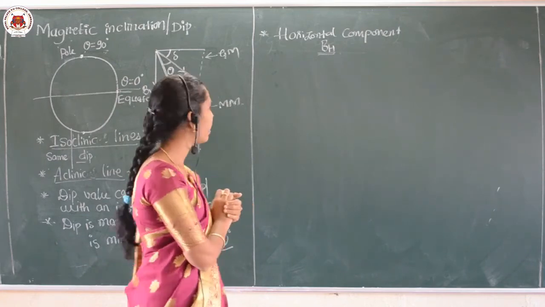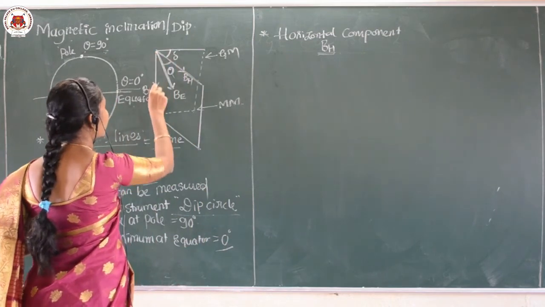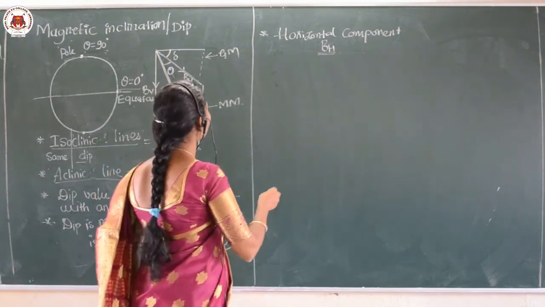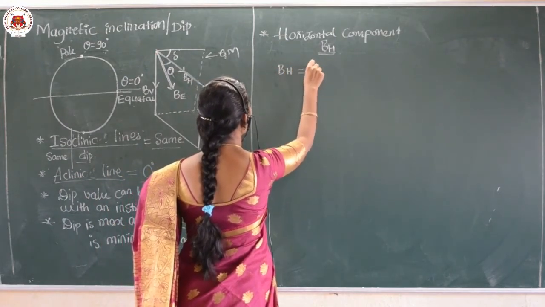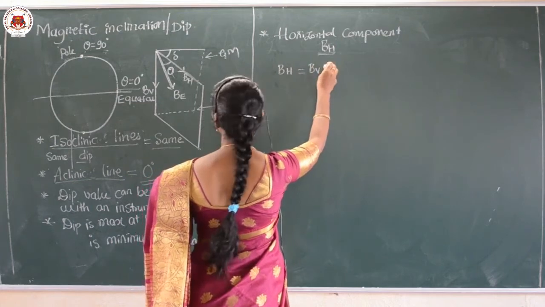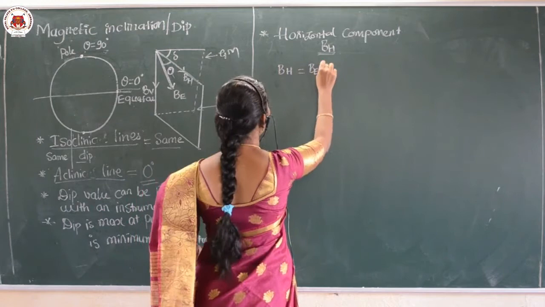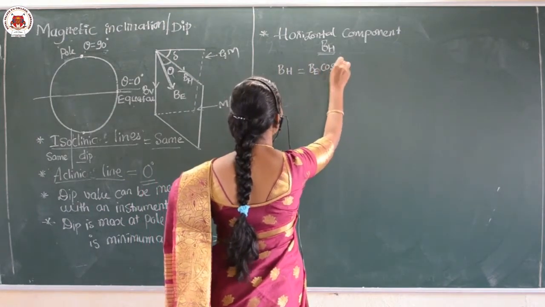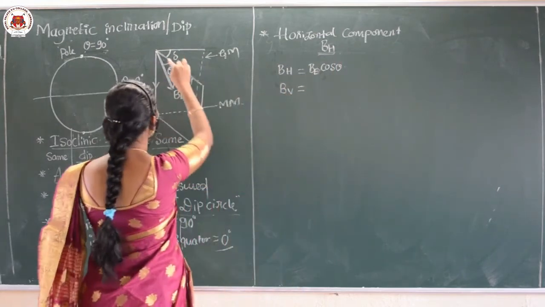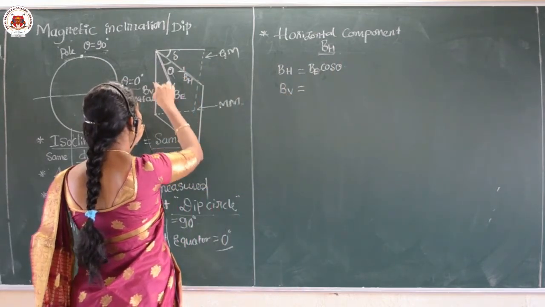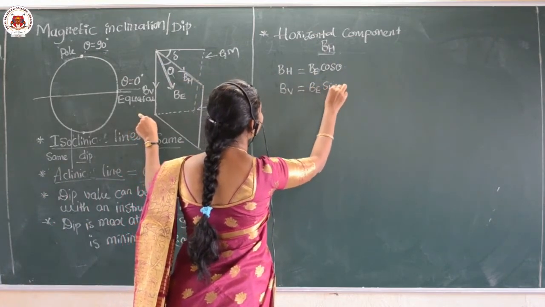Am I clear? Yes. Then if I take here theta, here is the BH and here is the BV. How can I write the value of BH and BV here? BH can be given as BE cos theta, since BH is the horizontal component. Then BV, the vertical component of the total magnetic field of the earth, can be given as BE sin theta.